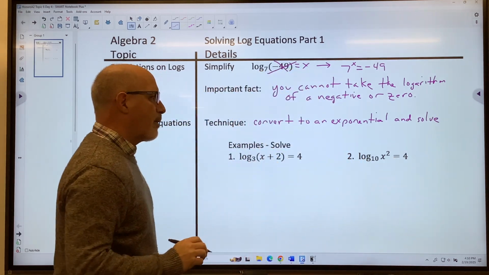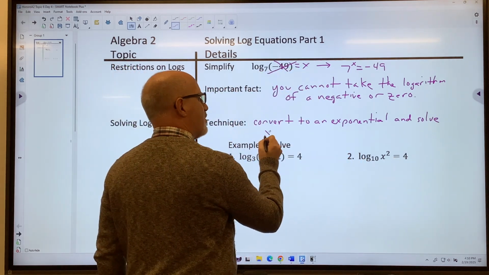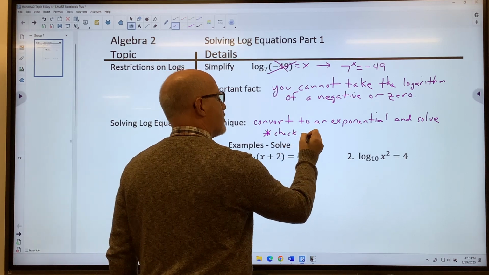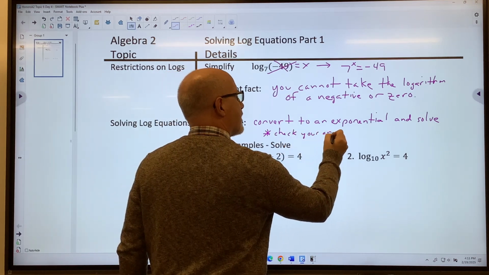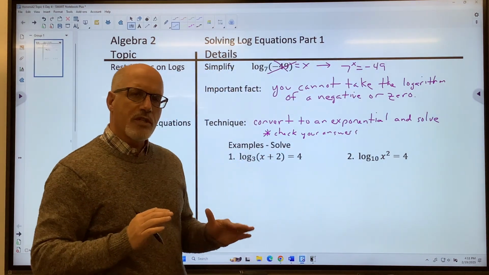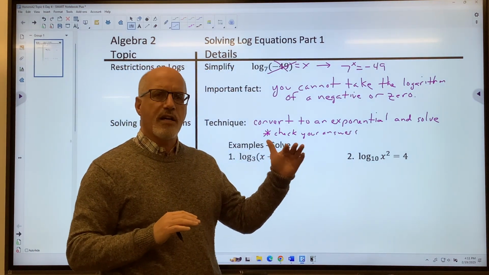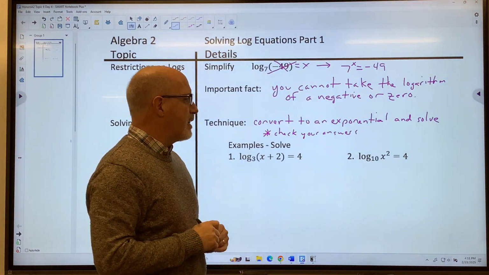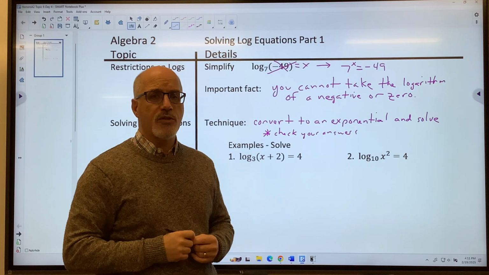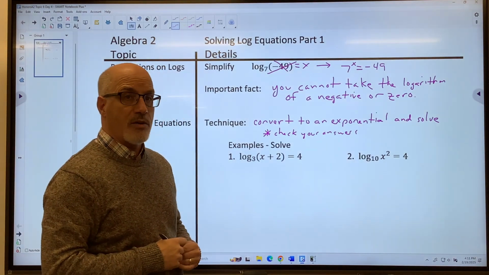For right now, I'm going to put down the fact that you need to check your answers. In this case, we're just looking to see if you're taking the log of a negative or 0. Later, we'll have more techniques. Once we learn how to use our calculators with these, we'll be able to check it on our calculators.